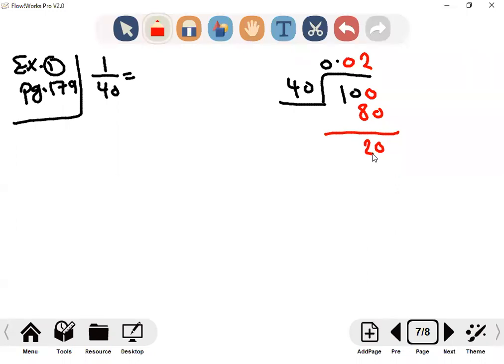No. We have a decimal, we can add now 200, right? 240. 5. So here up 5 multiply 40. Is it terminating? Yes, we are done. So what's the answer? 0.025.